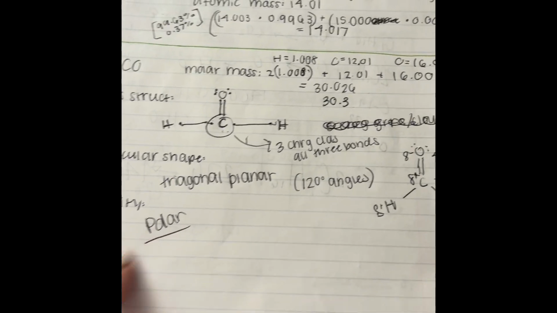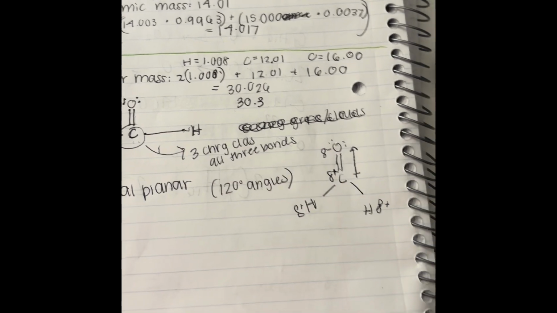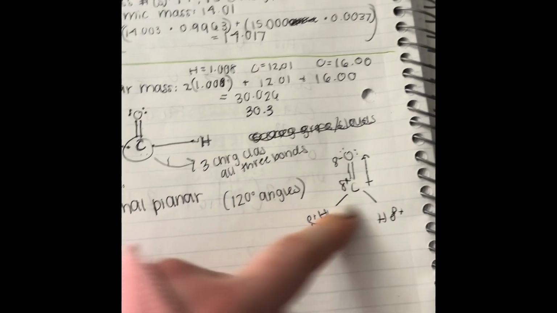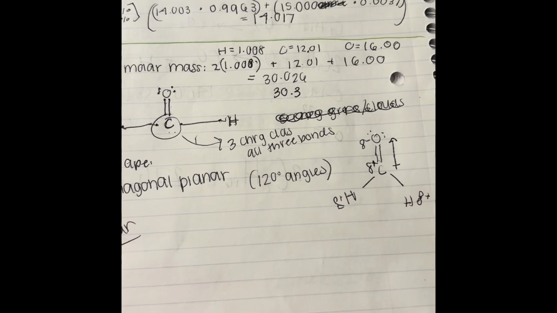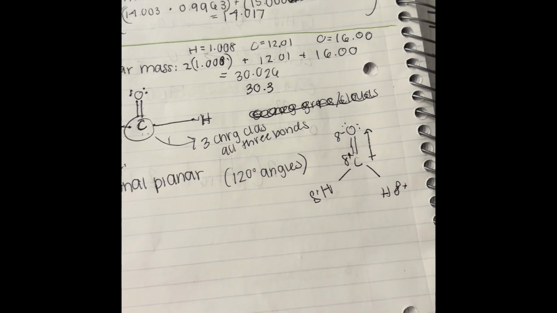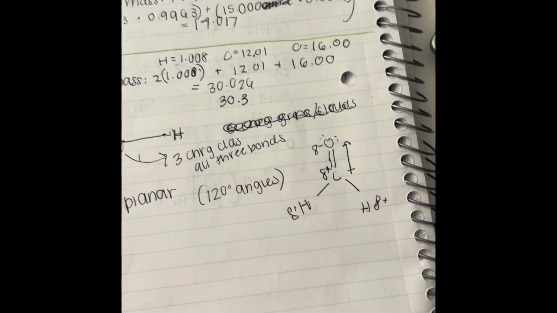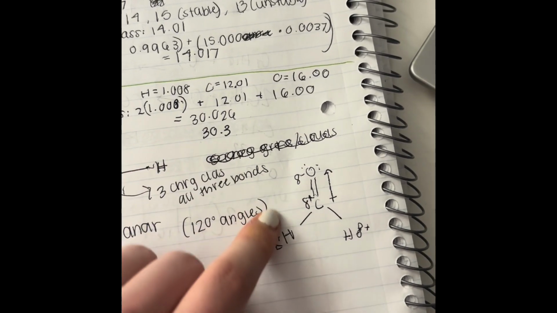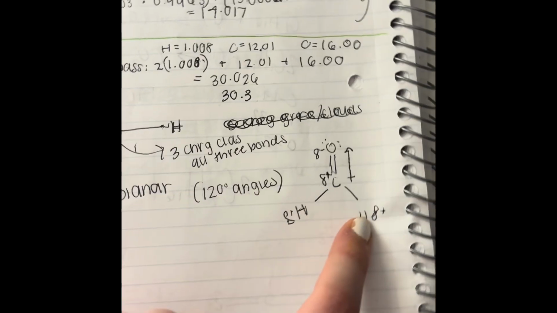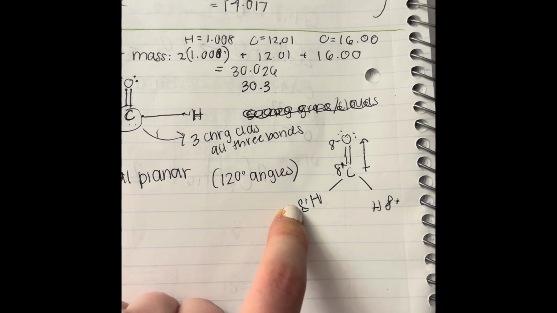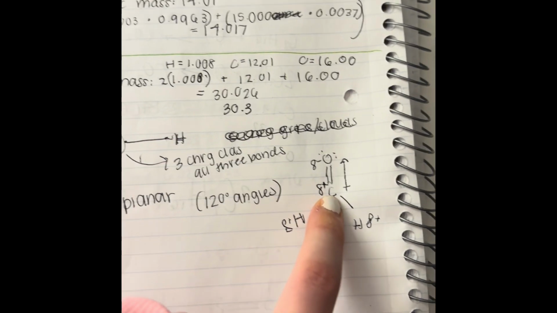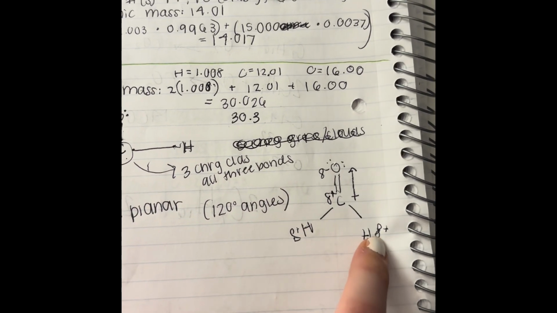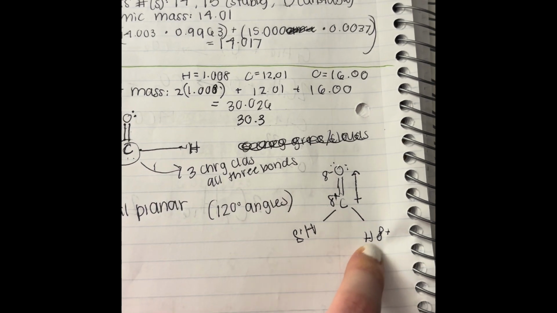How? Because, well, we know that hydrogen and carbon bonds are nonpolar because they are too similar in electronegativity to have a pole on either side. These are not 8s, they're delta symbols, and they show the partial positive that hydrogen has, the partial positive carbon has, and the partial positive this hydrogen has.